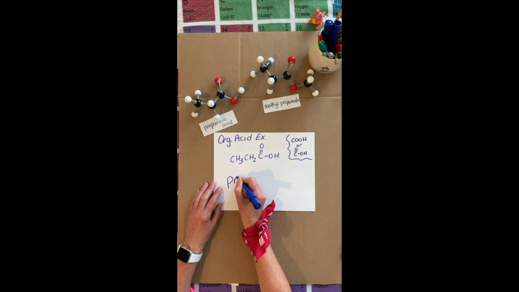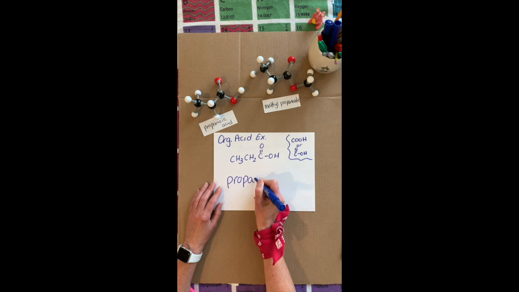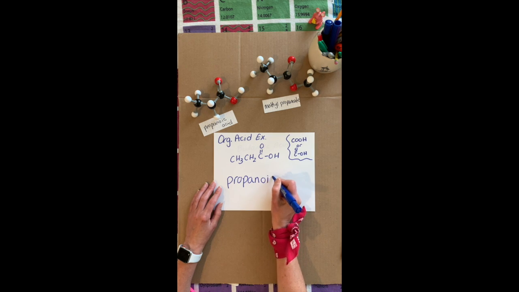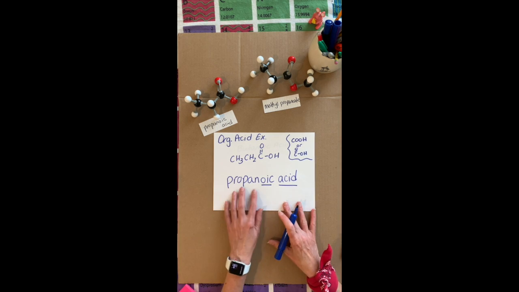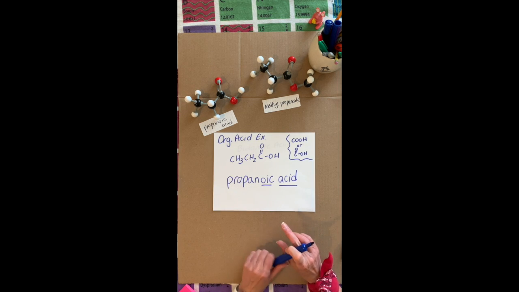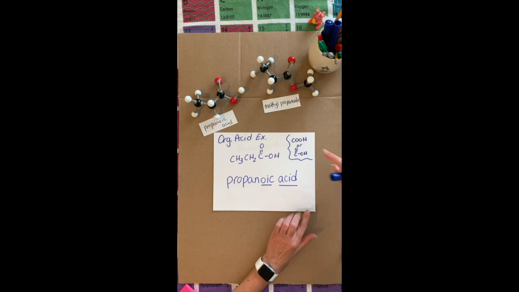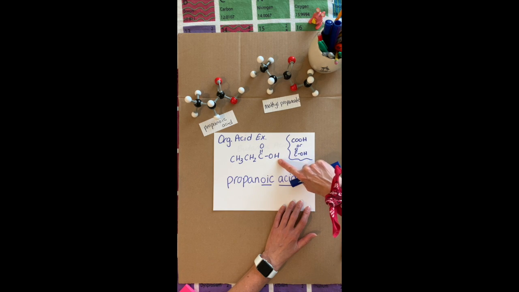Propanoic acid. We're going to change the ending of the parent backbone. Now, I also have shown here the carboxyl group shown this way, but sometimes it's shown as COOH, C-O-O-H.